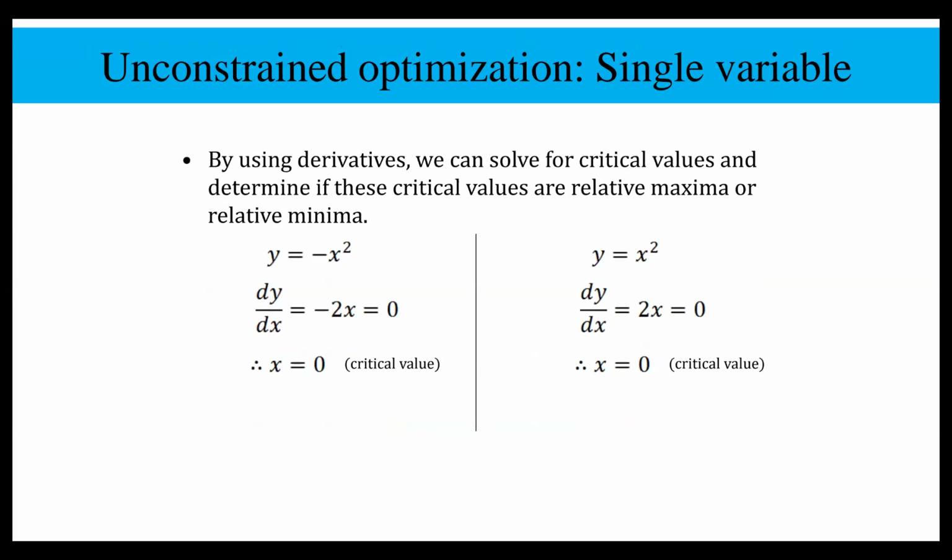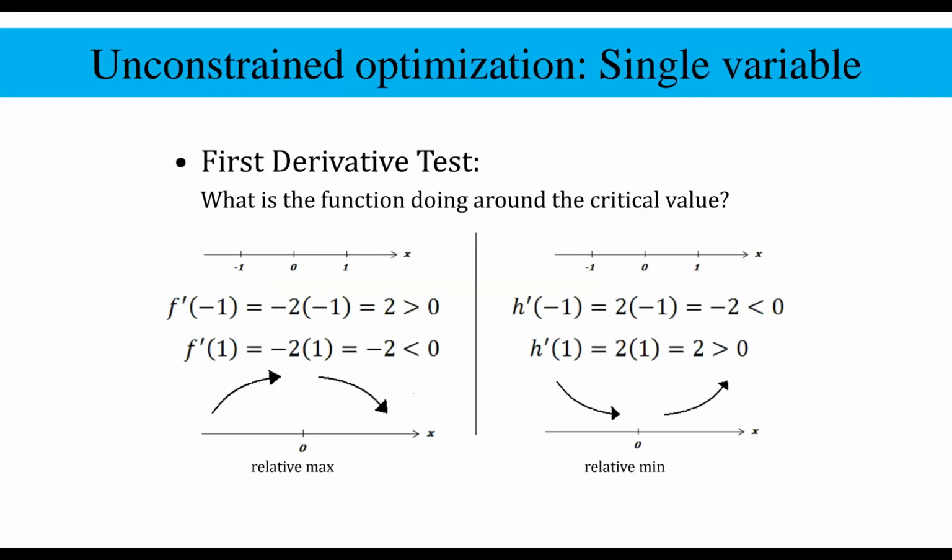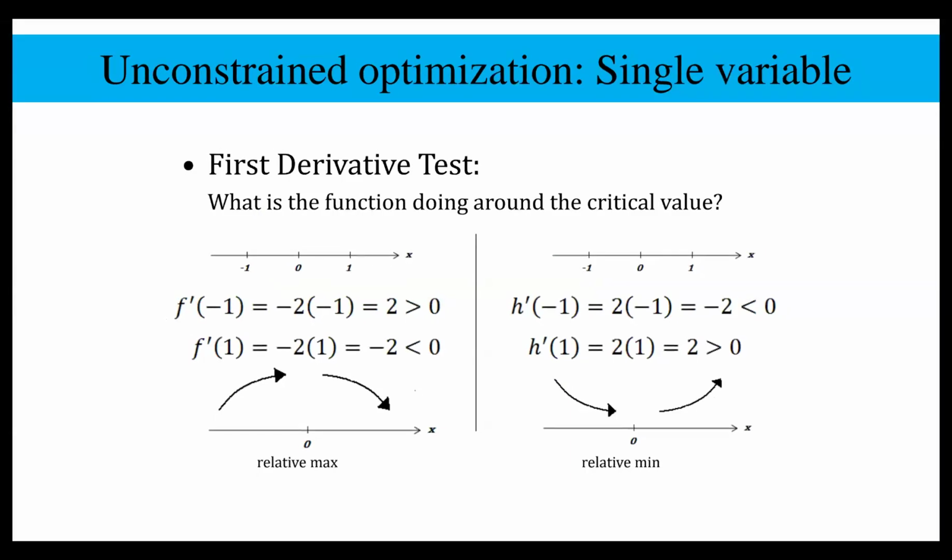Now listen, when you're done doing that, you can use the first derivative test. The first derivative test simply means, what is the critical value? This is 0, right? So when you draw a line like this, there is a line here, 0. We want to test how the function is behaving on the left side and on the right-hand side.